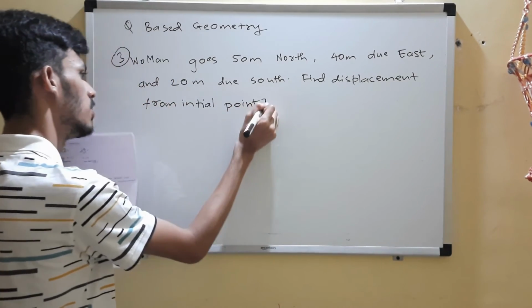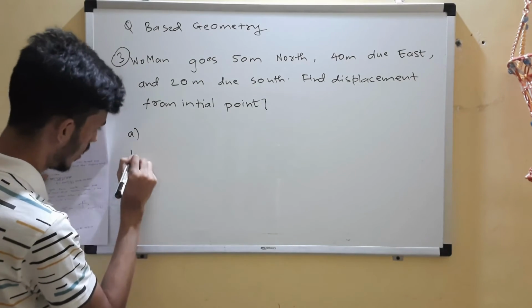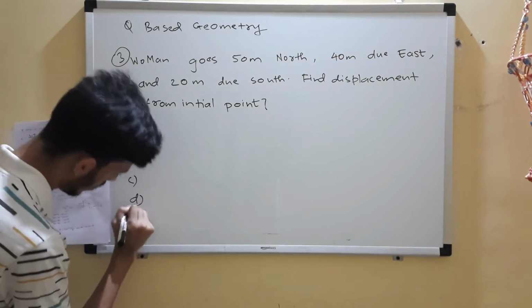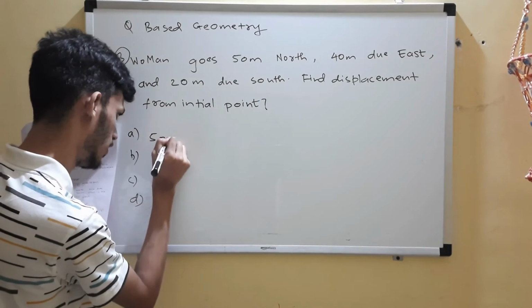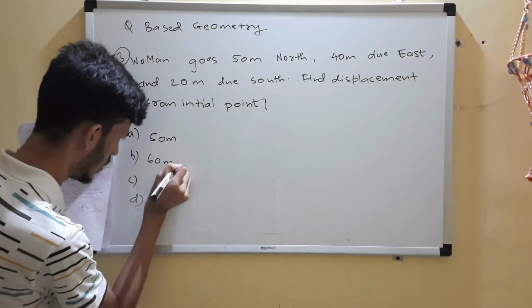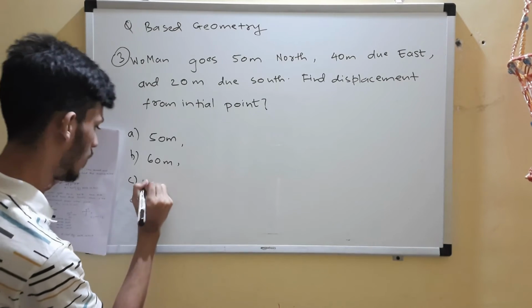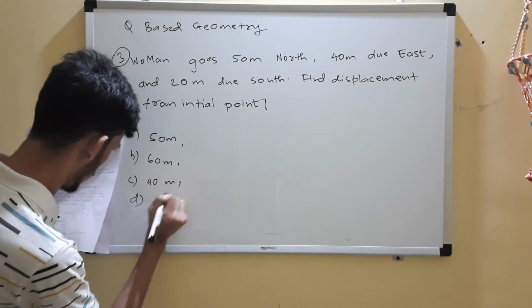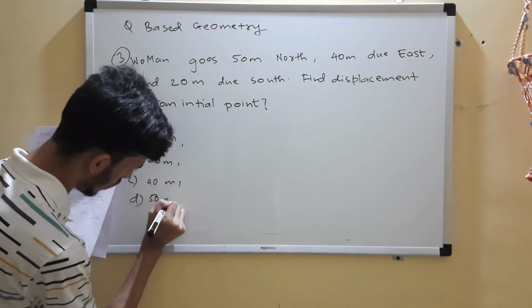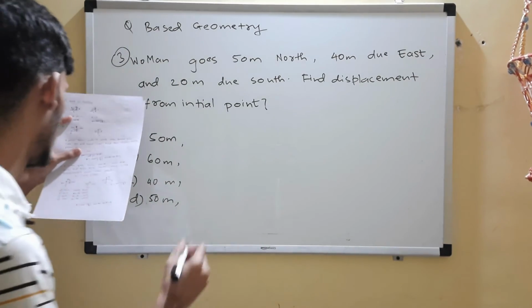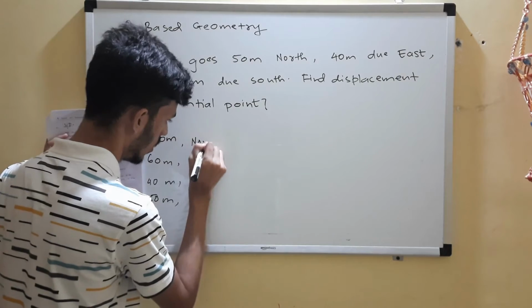So I have options for you, so you can try it. A, B, C, D. 50 meters, 60 meters, 40, 50 again. Also tell me the direction. Is it northeast?